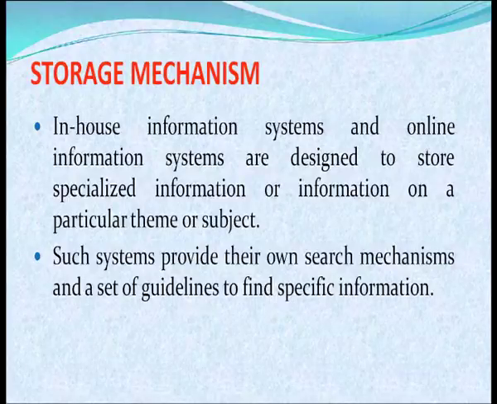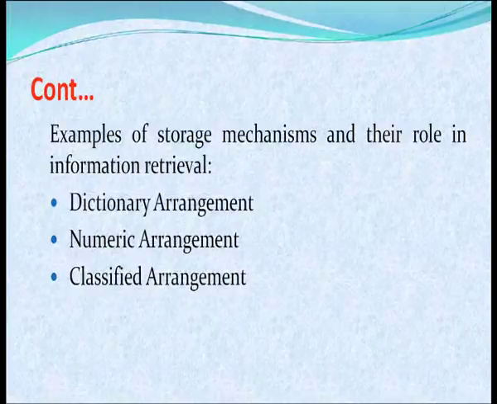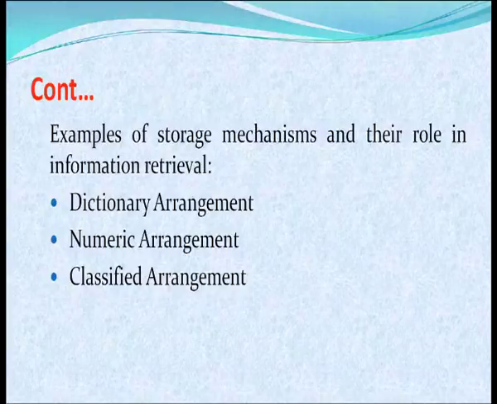Such systems provide their own search mechanisms and a set of guidelines to find specific information. Examples for the storage mechanism and their role in information retrieval are that we can arrange them in dictionary arrangement, numeric arrangement and classified arrangement.